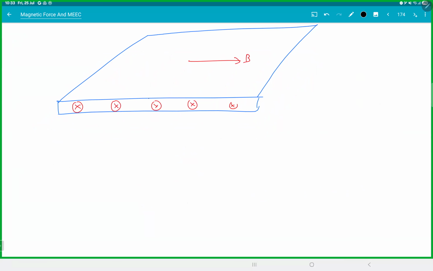Now, if you take a small width dx here, in this part there is a current flowing. I dl cross B will give you a force. So the plate is generating its own magnetic field, and because of the field due to the other parts, a force is created on that plate, pushing it down.